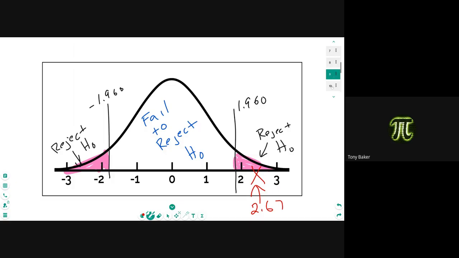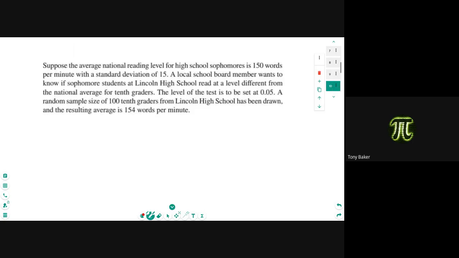Okay. So, the final ruling. We're rejecting the null hypothesis. What was the question that this person was asking originally? What were they trying to find with this data? Okay.